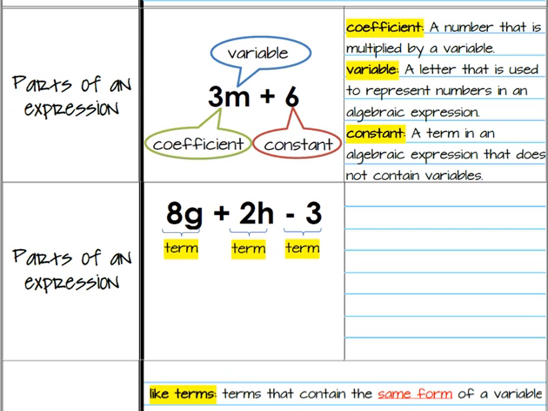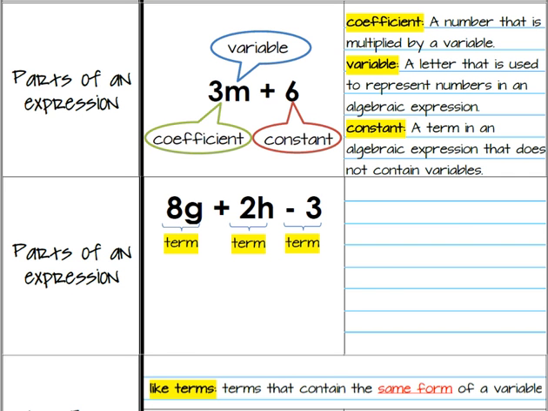There are some other components to parts of an expression that are important to know. If we have the expression 8g plus 2h minus 3, when we say that we're going to combine like terms, we have to know what our terms are. In this case, our 8g is considered a term. Our positive 2h is a term.